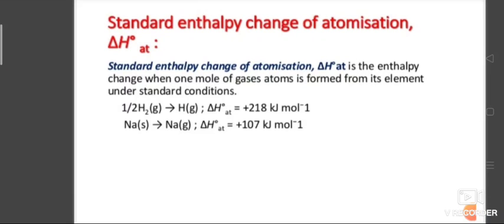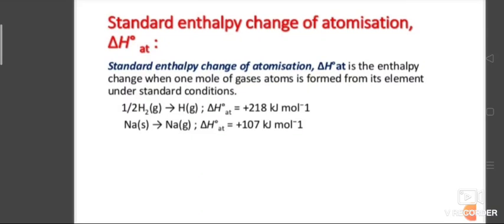Some of the elements are in the monoatomic state. Solid metals exist with metallic bonds between the atoms. Non-metals like carbon and boron have giant molecular structure. Most of the other solid non-metals are polymeric. Most of the liquid and gaseous non-metals are diatomic.